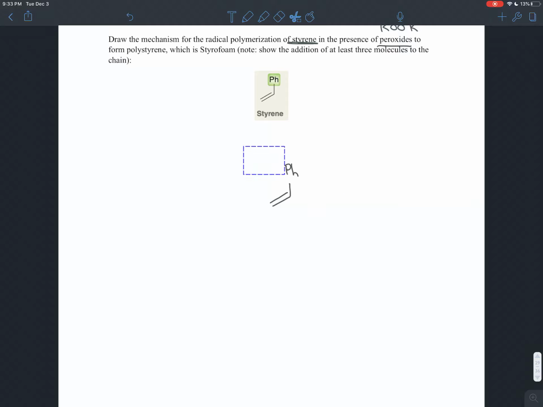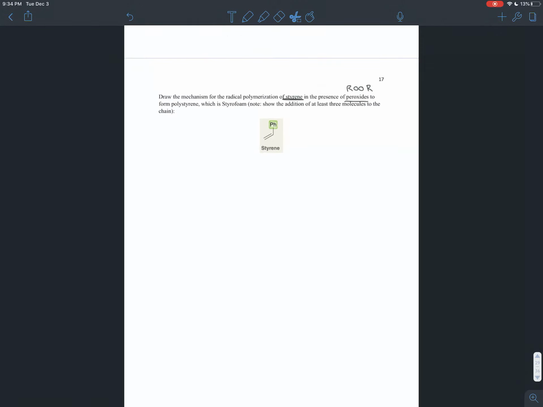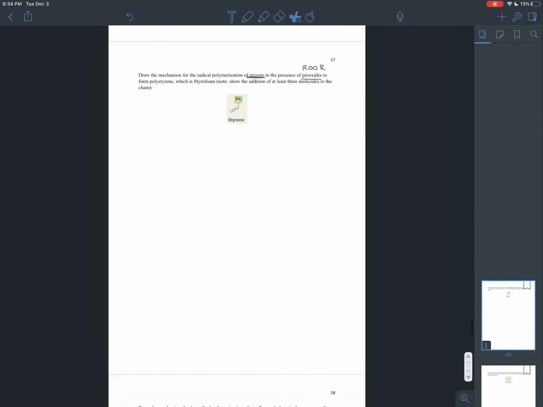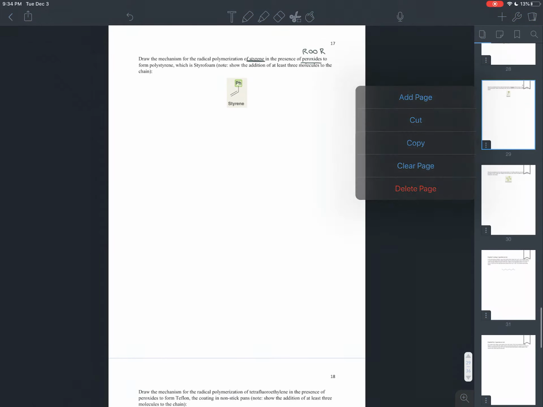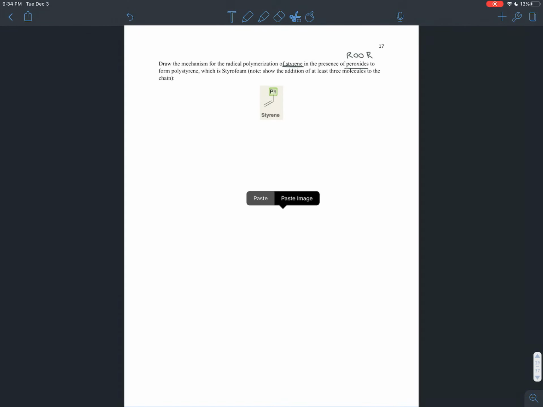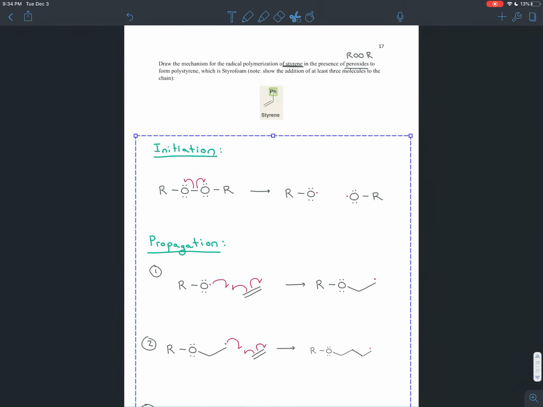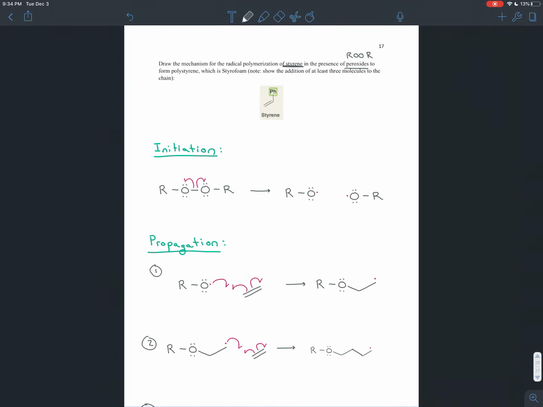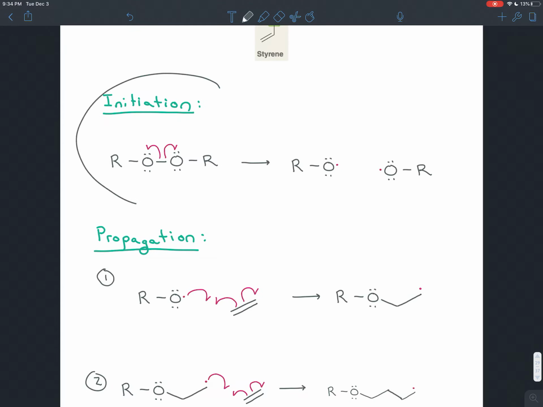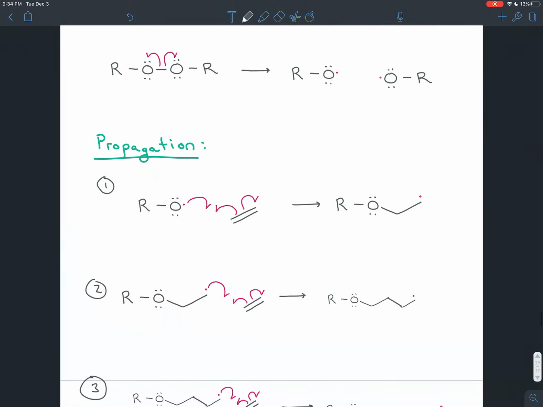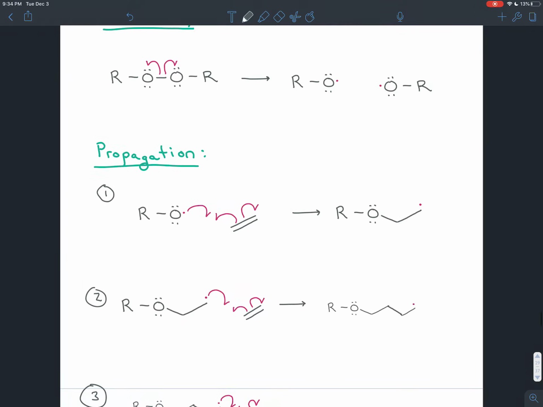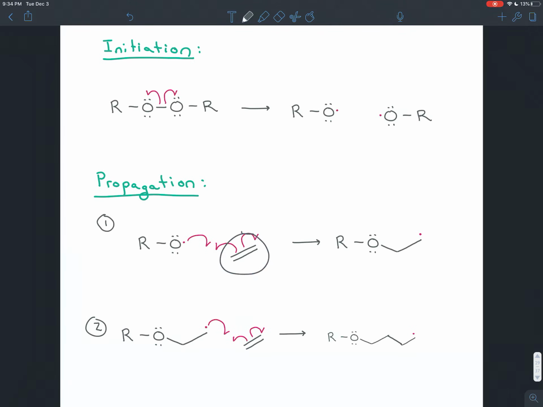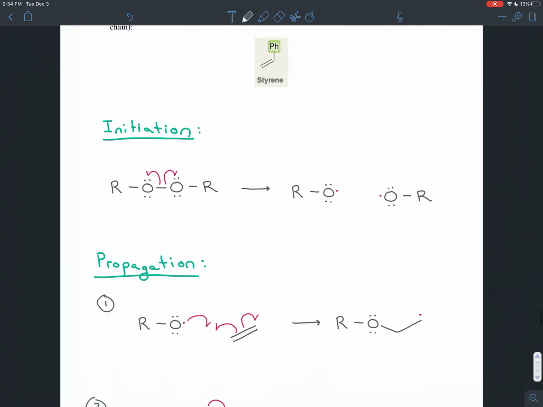So we can do the same exact reaction as we did before. You would have your initiation step with the peroxides. Heat these peroxides up and they break apart into 2 separate radicals with this homolytic cleavage. Then one of those radicals will react with your molecule, but instead of it just being ethylene, this is going to be styrene.